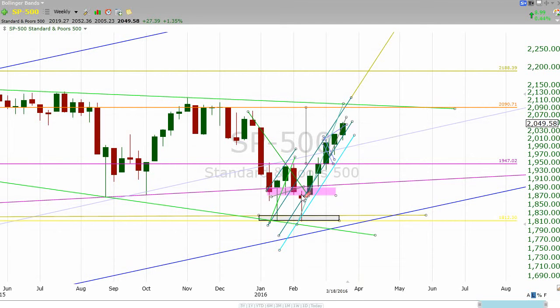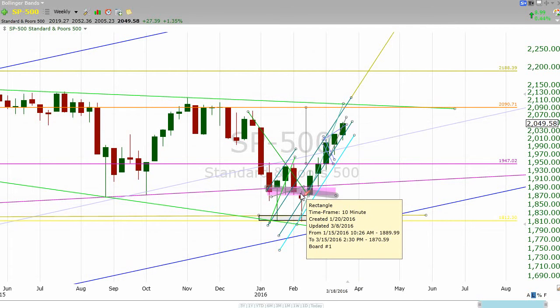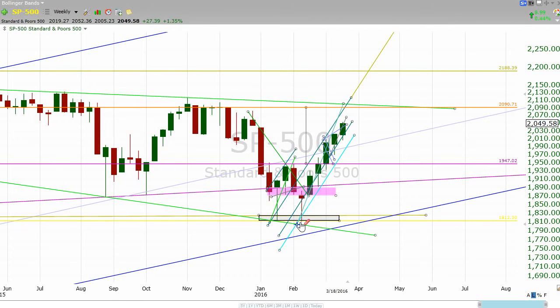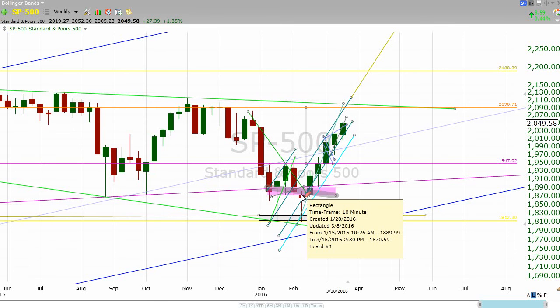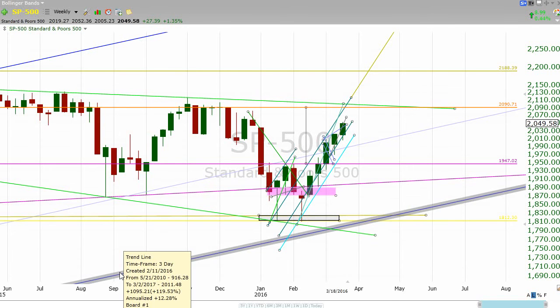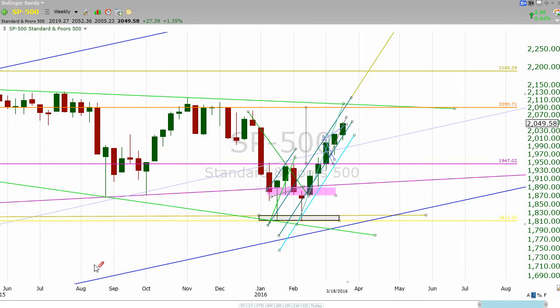A hammer is where you start at the high part of the range, you come down, and then you close near the high part of the range. That almost always signifies some form of rally. If you look on this chart, we have 4 hammers.